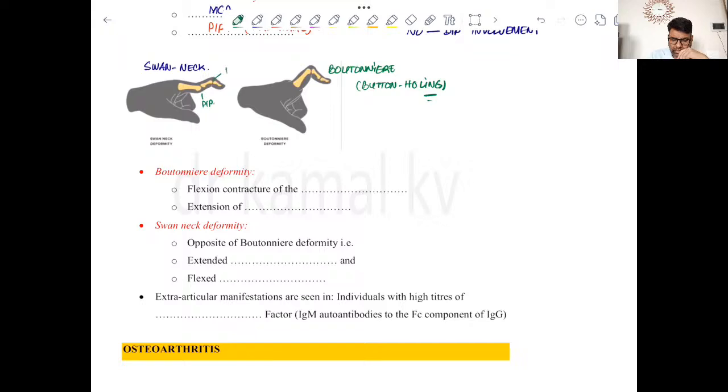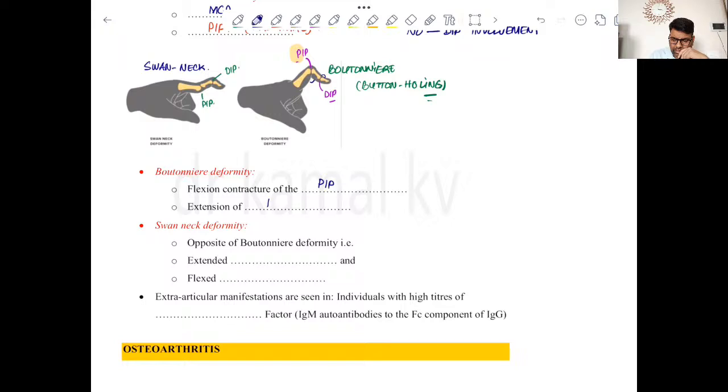So if we talk about the swan neck deformity, you can see here this is PIP and this one is DIP. Similarly, in boutonniere, you can see this is PIP and this is the DIP, right? In boutonniere deformity, at PIP there is flexion contracture, but at DIP there is extension.